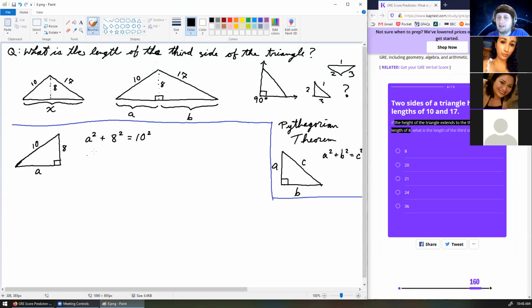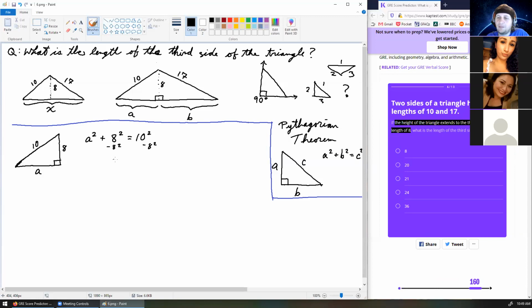So when we have a variable equation like this, if we want to figure out what A is, what do we do with all the numbers? We need to get them to the same side. So minus 8 squared. Perfect. We're going to subtract 8 squared from both sides.